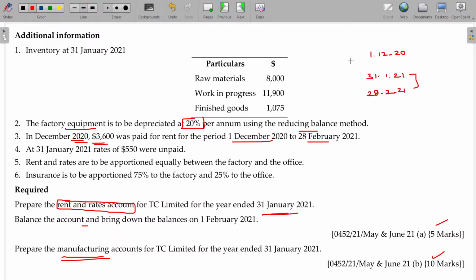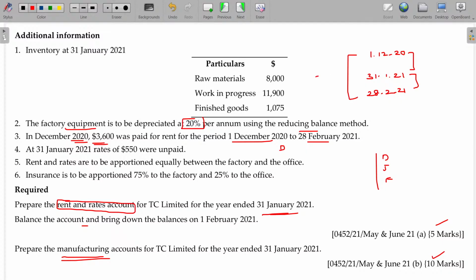So you have paid this money for this period, 1st December to 28th February. In December we have 1 month, then January, February. For the 3 months the payment is done.